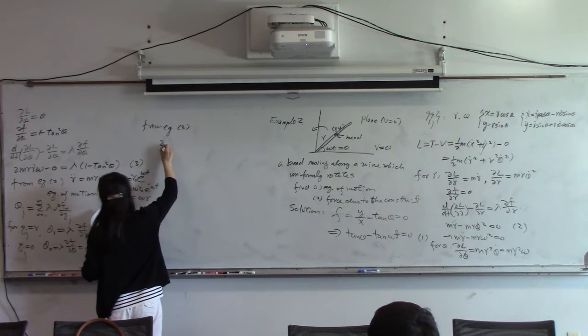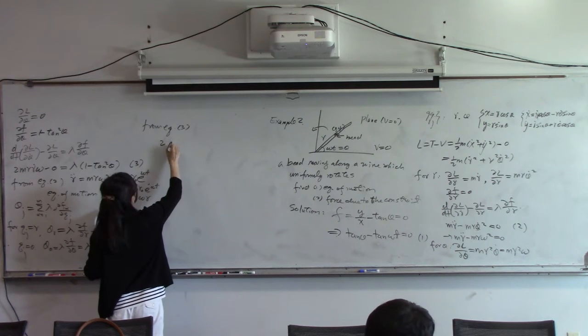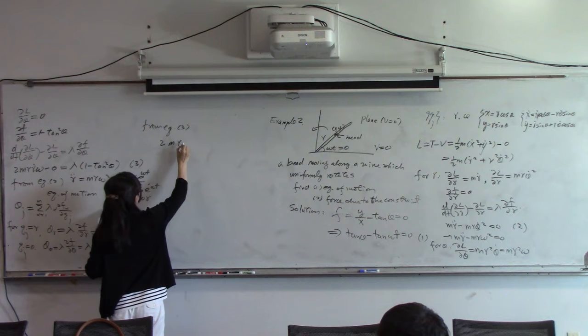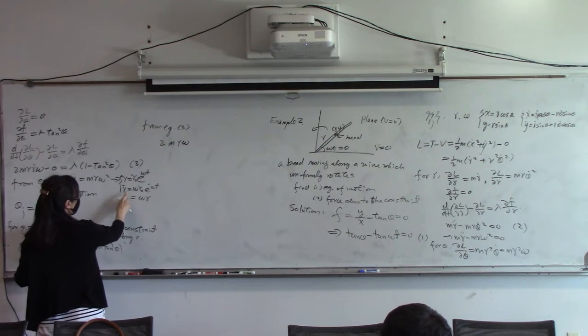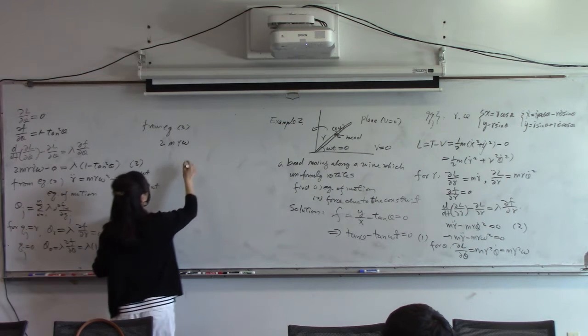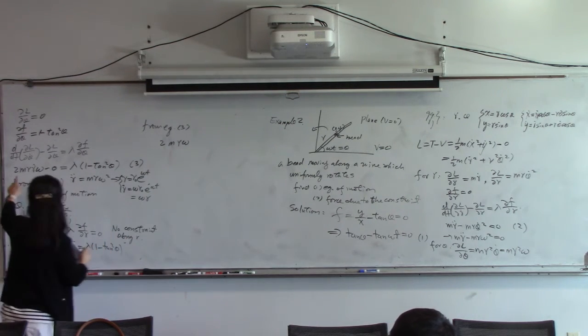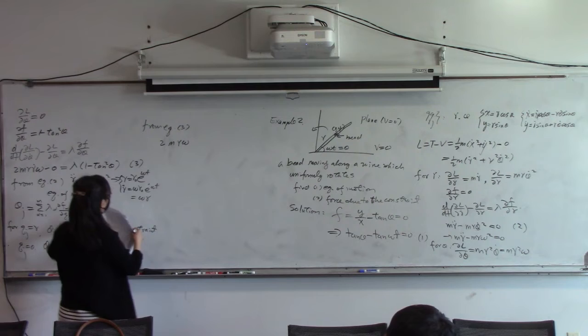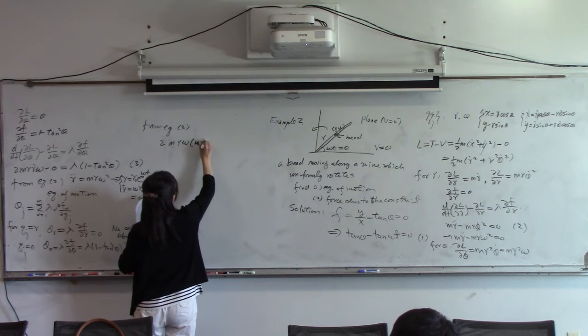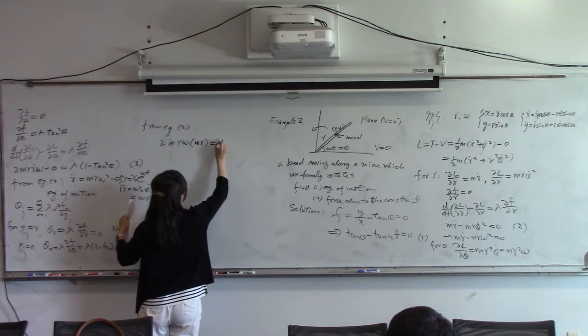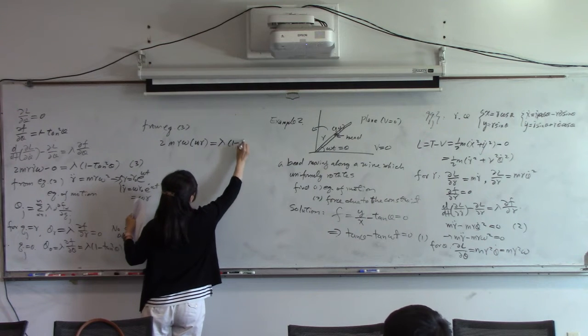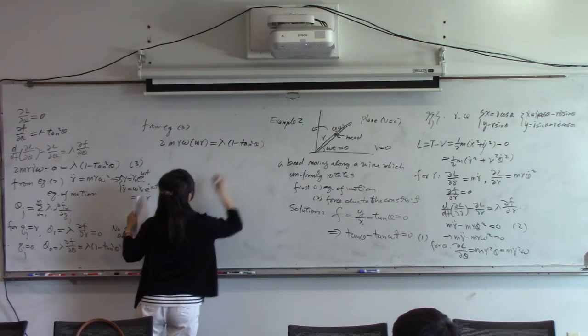So equation 2, m r dot. R dot is here, so I write down here 2 m r omega, since r dot is omega r, equal to lambda times 1 minus tangent square theta.